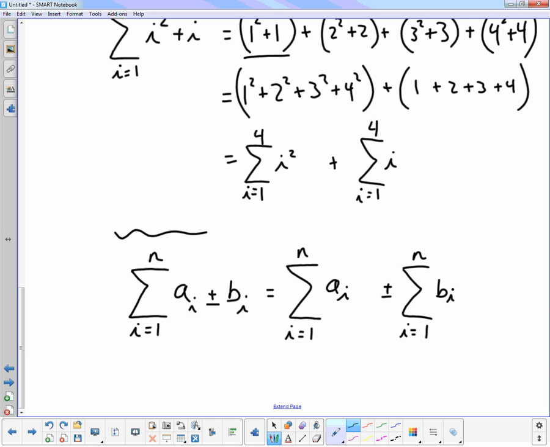Yeah, i squared minus 1, 2 squared minus 2, 3 squared minus 3, and so on and so forth, which would just mean that all of these second terms were negative. And then all of these guys would be negative, and you could factor out a minus sign. Like that. See that?